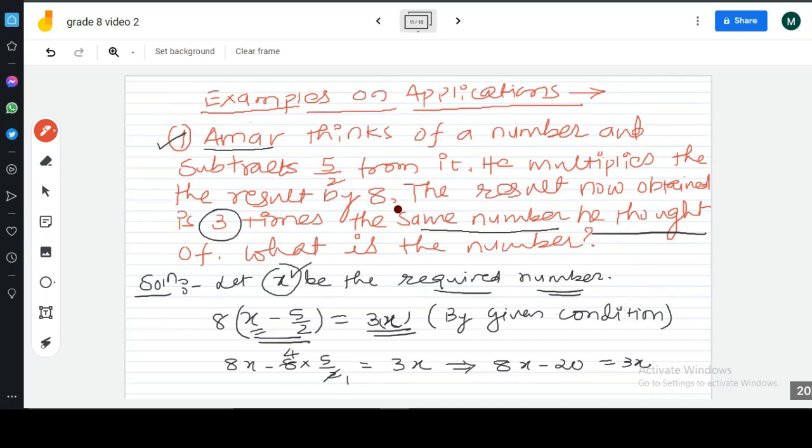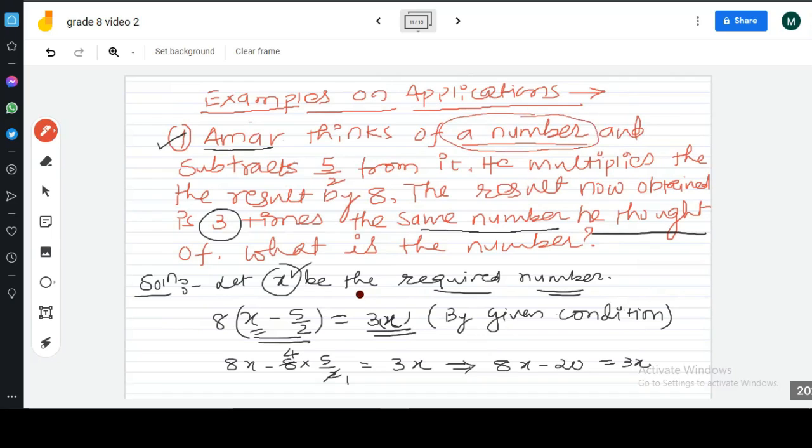The result now obtained is 3 times the same number he thought of, means the original number. So here the question is, what is that number? We need to find which number he thought of.